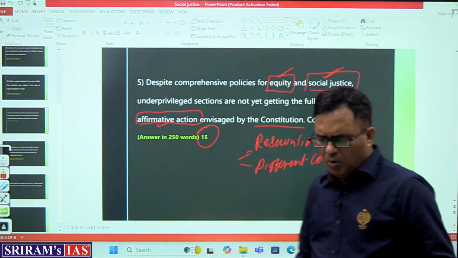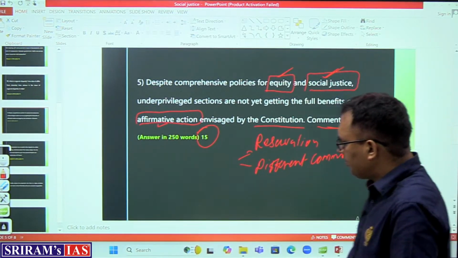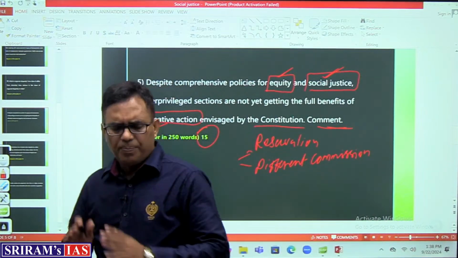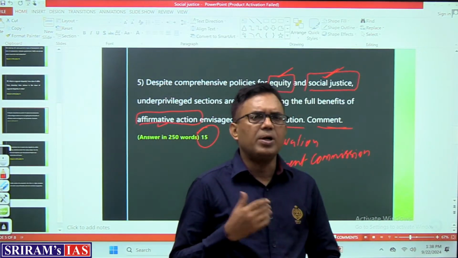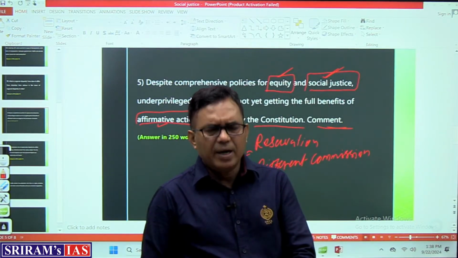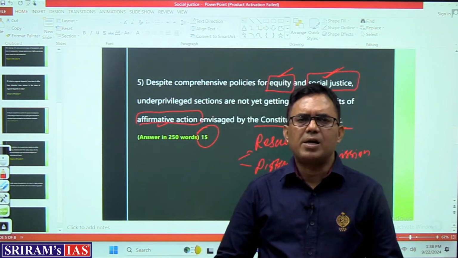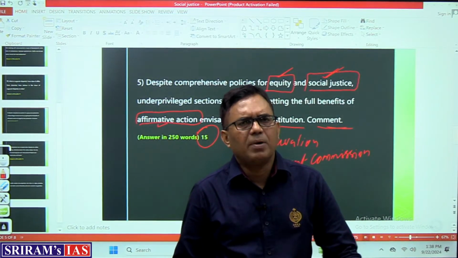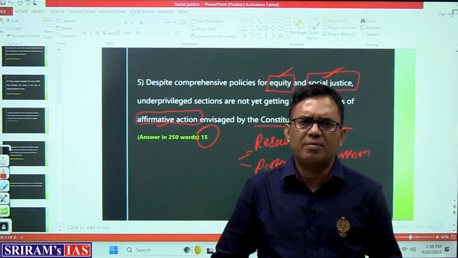So, our answer framing would be like: first, we can do an introduction. In the introduction we can mention that India has been a land of multiple groups, some of them more developed, some of them less developed.